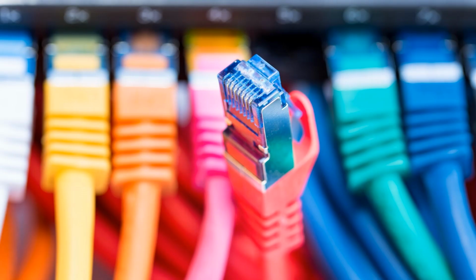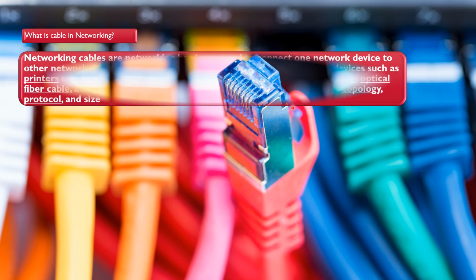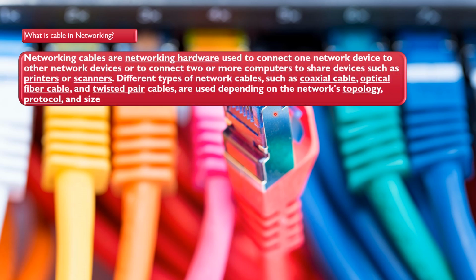So we'll talk next about what is cable in networking. In networking we have multiple types of cable. First we'll see why we are using cable. Networking cables are networking hardware used to connect one network device to other network devices. Previously, in the first slide, I explained what a network is. At that time, two different PCs need to share data, which means they need to be connected with this kind of cable only.